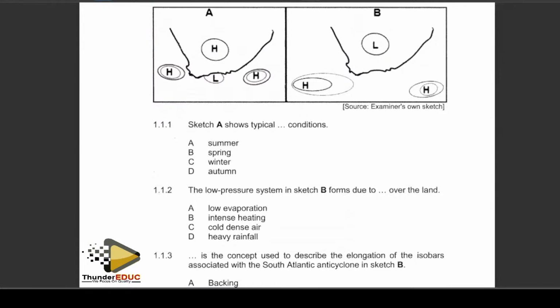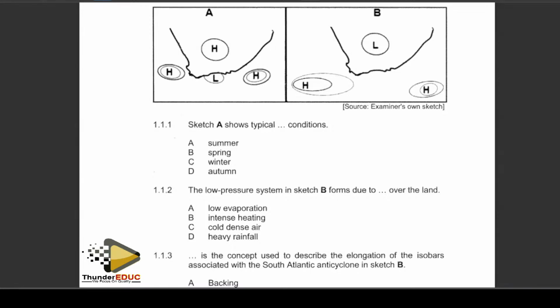Before I forget, the coastal low, you must also know its characteristic. It's a typical low pressure cell that exists along the coast, which moves from the western coast going to the eastern coast and dissipates around Mozambique there. That is the movement of the coastal low pressure cell. Right, they move from west going to the east along the coast.